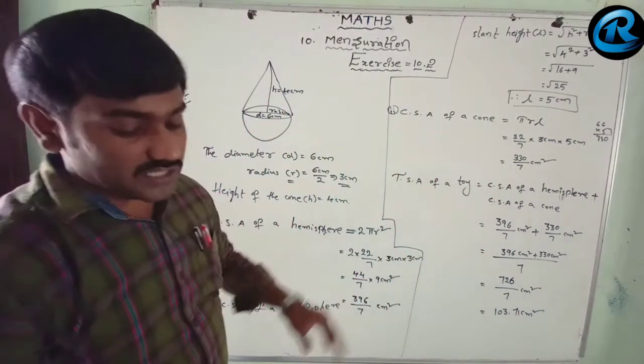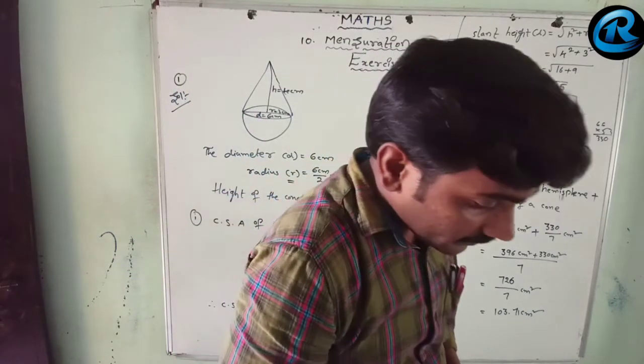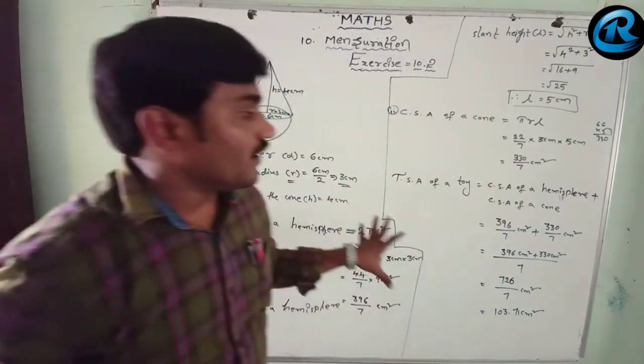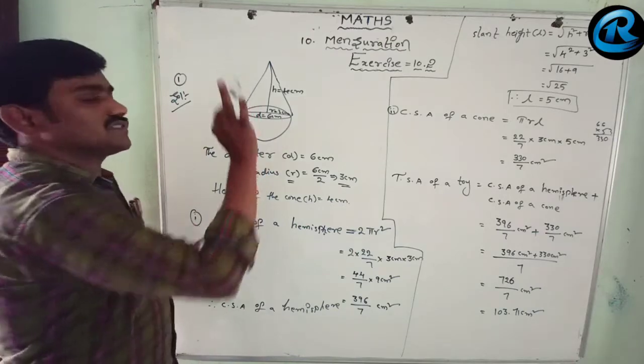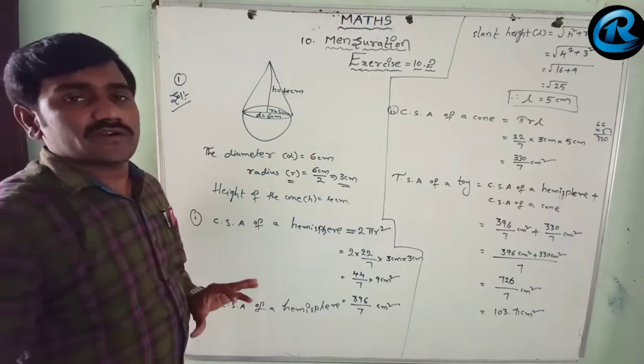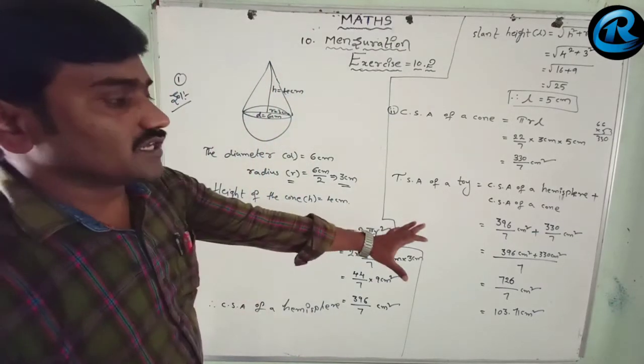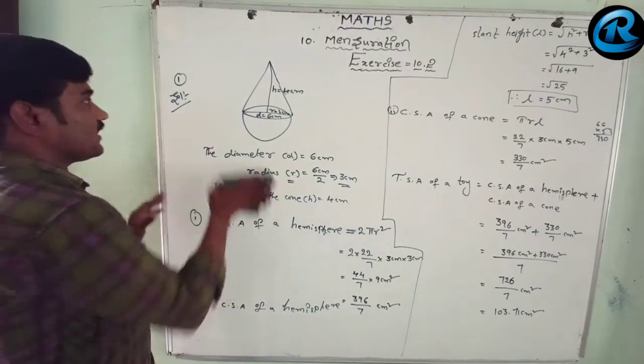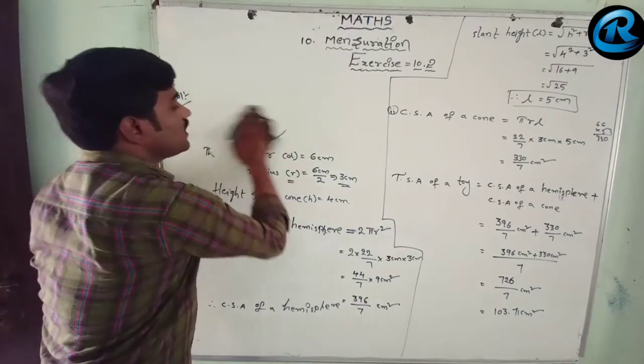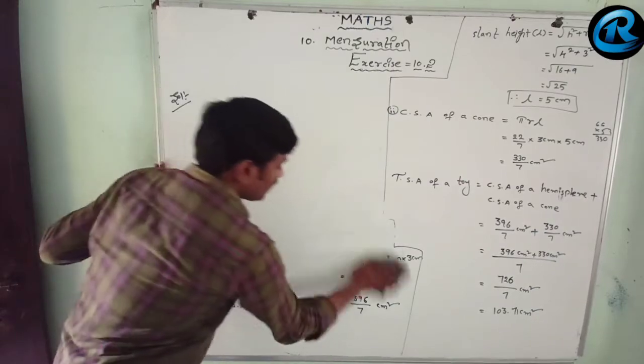So this is the total surface area of the toy. I hope you understood. Simply, the curved surface area of the hemisphere plus the curved surface area of the cone gives the total surface area of the toy. So I have finished this, children, and we go for the second one now.